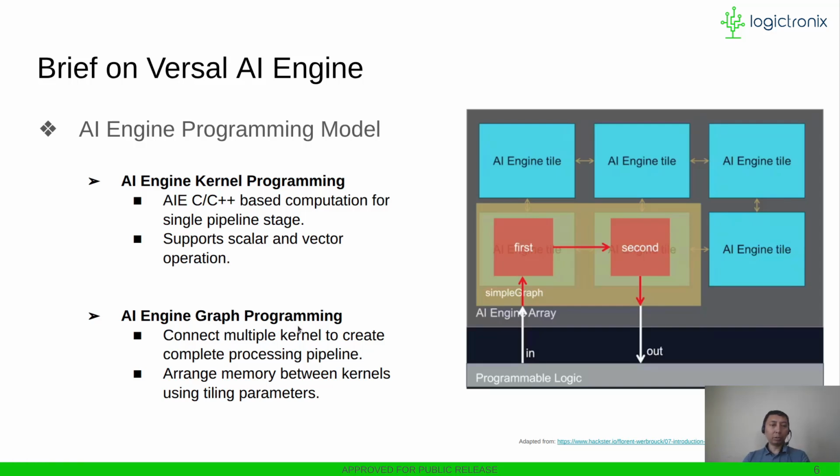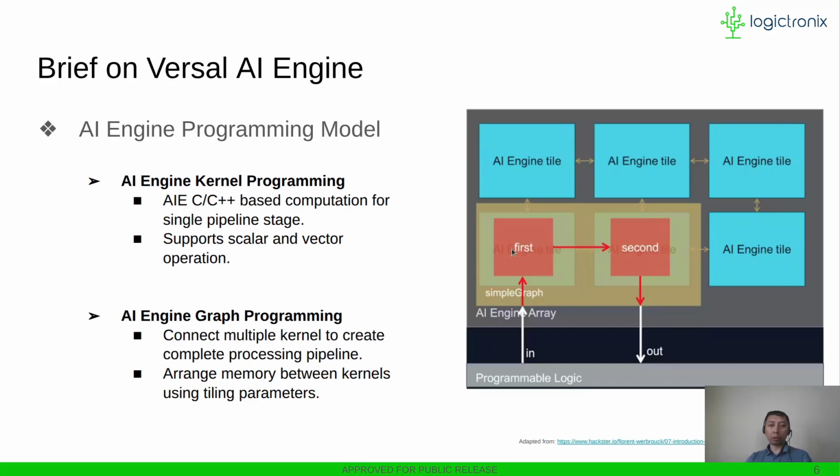In graph programming, you combine and connect these multiple kernels to create the whole complete processing pipeline. During the connection between these kernels, you also arrange the memory or transform the memory from one format to another using some tiling parameters. On the right, if you see this graphical representation, the first and second are the AI engine kernels.